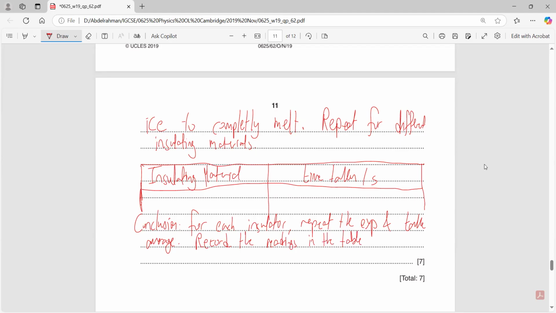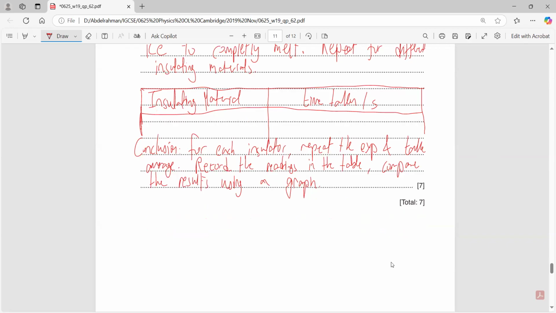When you record the readings in the table, compare the results using a graph.